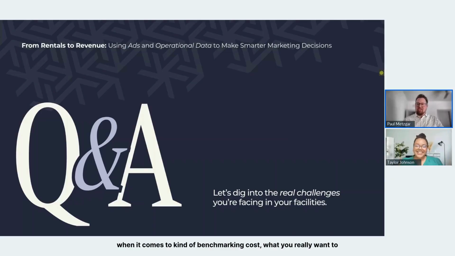When it comes to benchmarking cost, what you really want to look at is beyond cost per click, because cost per click is going to be very dependent on your local market. It's all the competition and you throwing your hat into that auction, seeing who's getting those keywords. So that's going to vary greatly. Cost per conversion also varies, I'd say, more than most operators suspect.